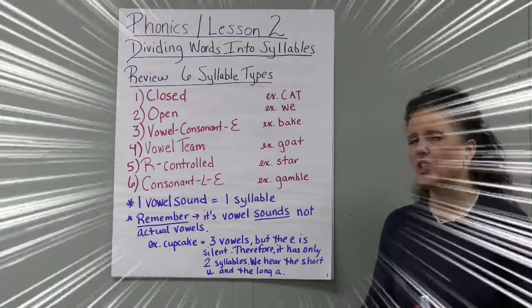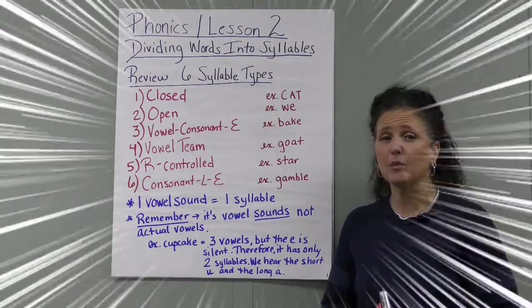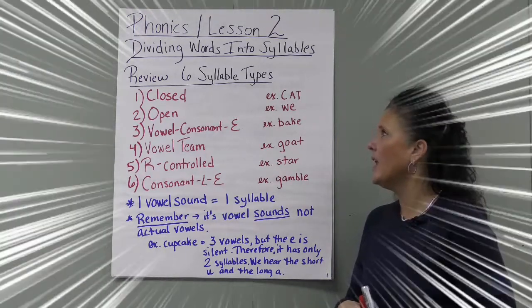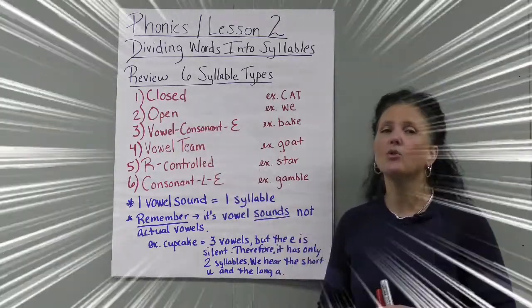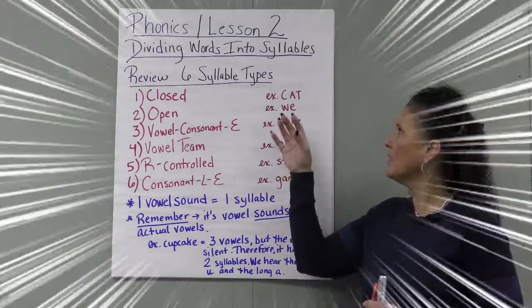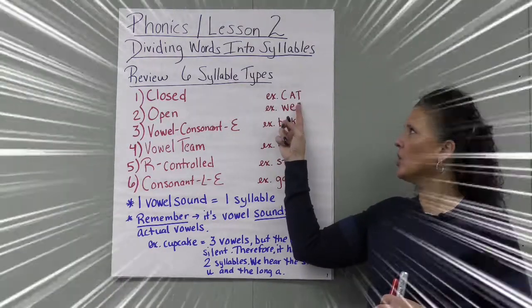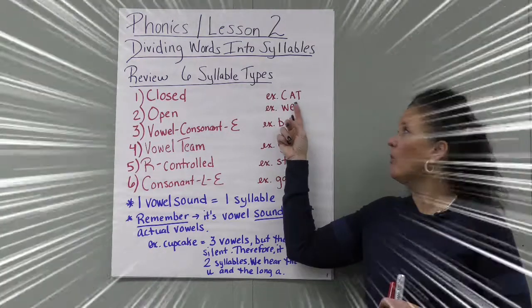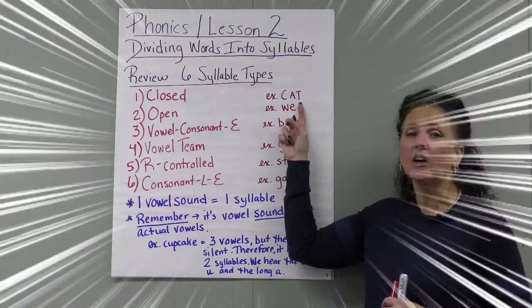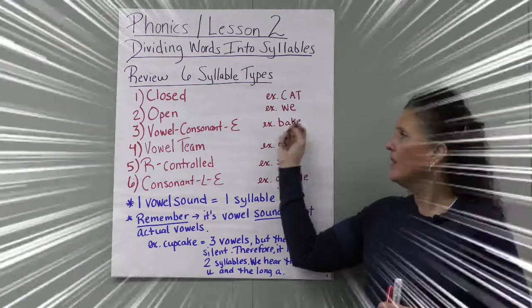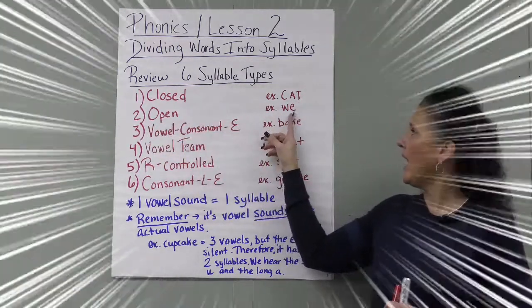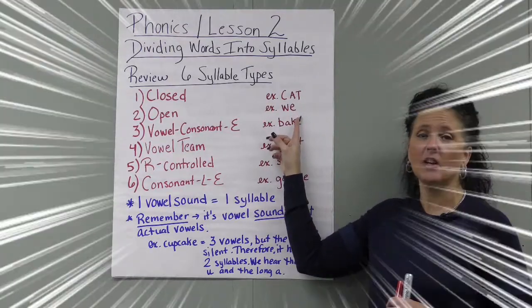Okay, so let's look at just a review of the 6 syllable types, which is what we talked about in video 1. The first type is the closed syllable, and I've given you an example over here of cat. If we look at the vowel, it is closed in by a consonant. We have the A here and the T here. Therefore, it's closed. Open means that we have the vowel with no consonant on the end.